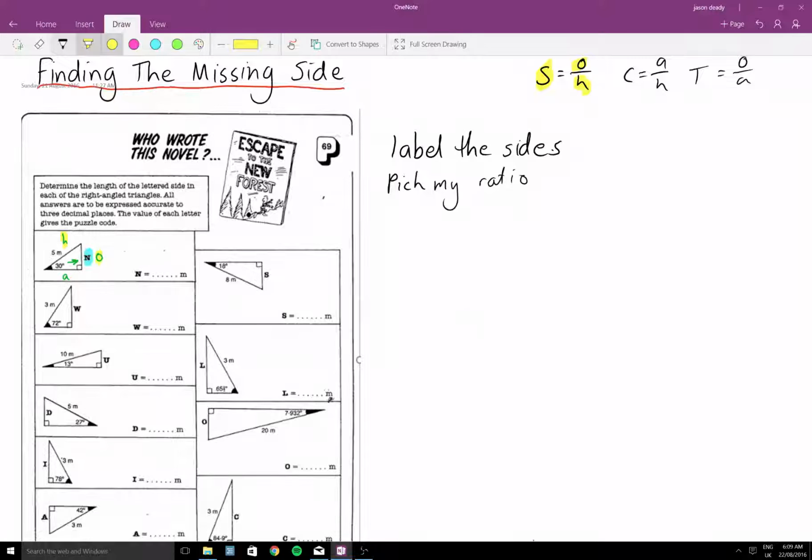Okay, so my next step is to sub into the sine ratio.